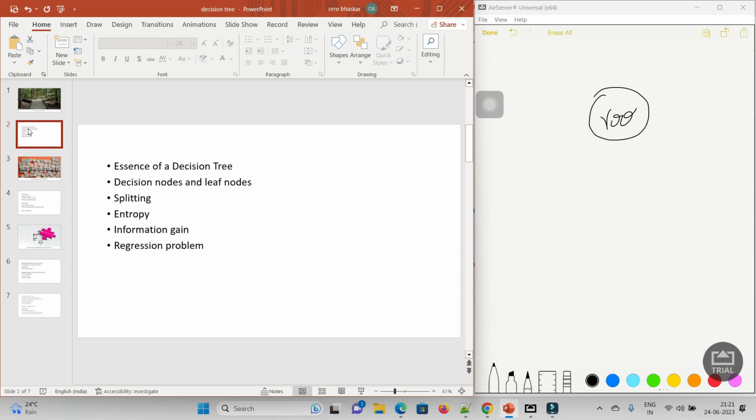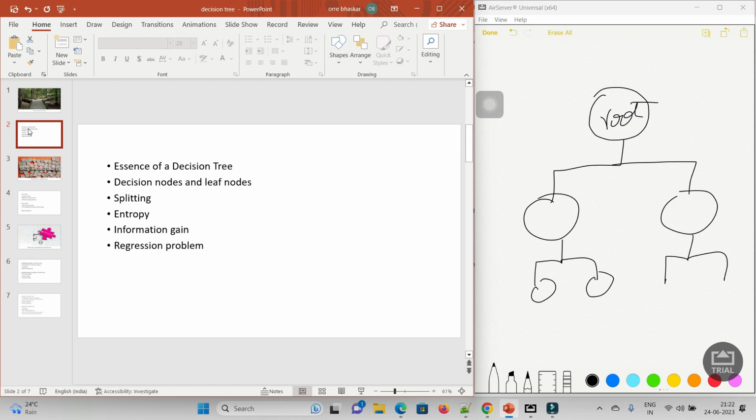The first node is the root node, and we have branches, a decision node, which has a further decision node, and the process recursively continues, and at the end we have leaves or leaf nodes. This is our outcome.